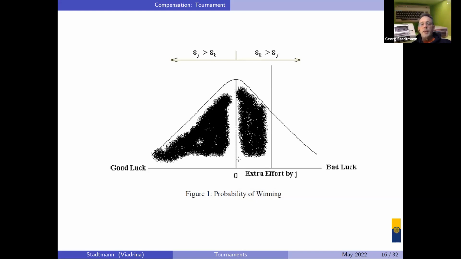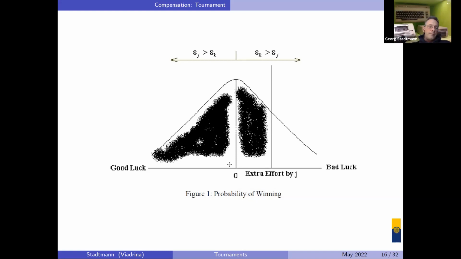And therefore, in the equilibrium, the two athletes will exert the same effort level. And when they exert the same effort level, then the difference in effort will be equal to 0. So what is important in the end is the vertical line which goes through the origin. This is very important.